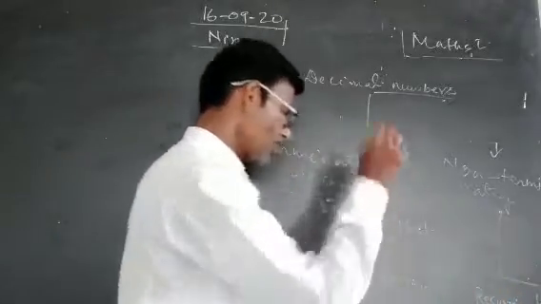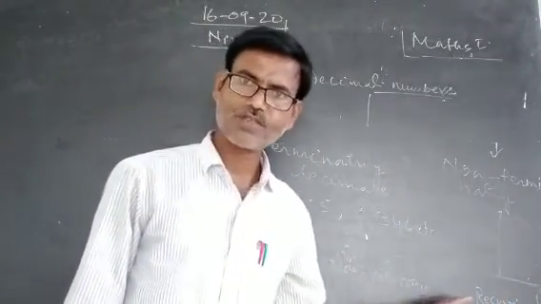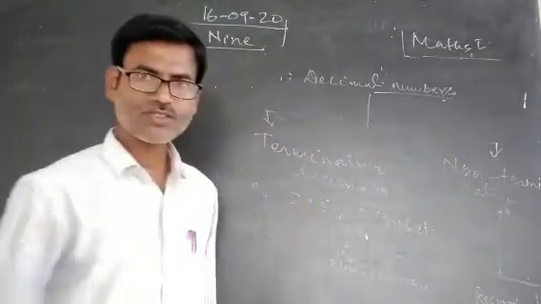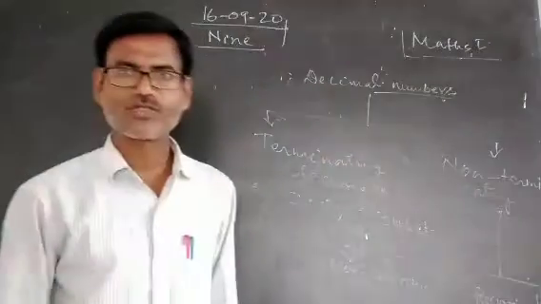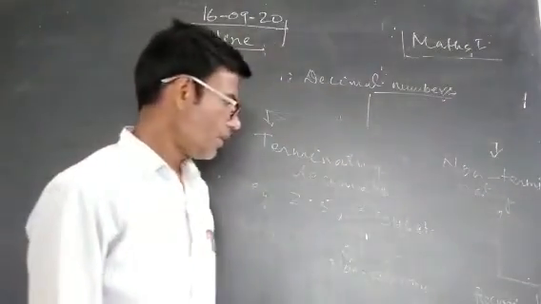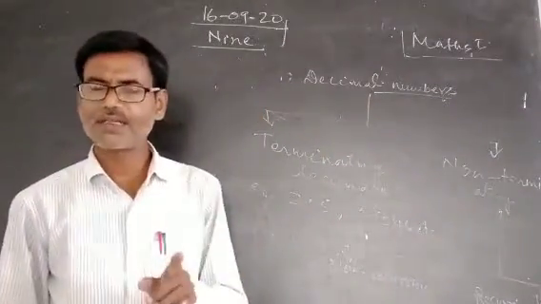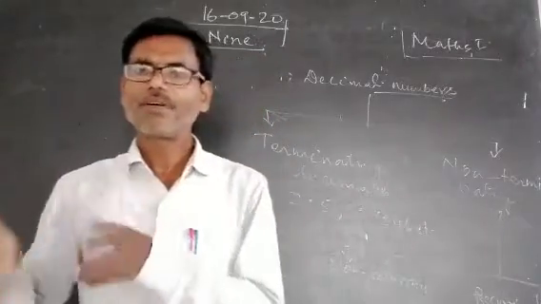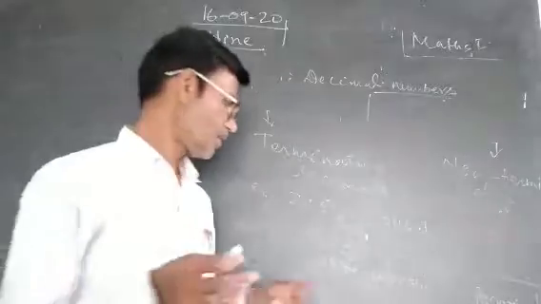Non-terminating decimal is further divided into two categories: non-recurring decimal numbers and recurring or repeating decimal numbers. Recurring decimal numbers are those in which one digit or a set of digits gets repeated, means comes again and again.